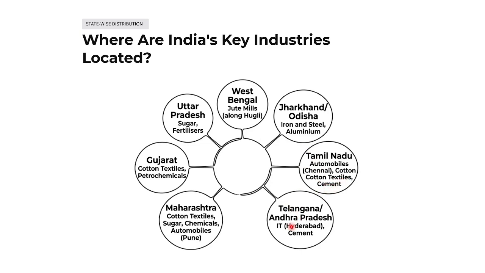In Telangana and Andhra Pradesh, we have IT as well as the cement industry. Maharashtra is famous for cotton textiles, sugar, chemicals, and automobiles, in Pune. Gujarat has cotton textile and petrochemicals, then Uttar Pradesh has sugar and fertilizers. If you want, you can take a screenshot of this.